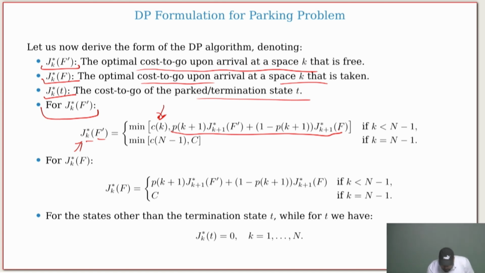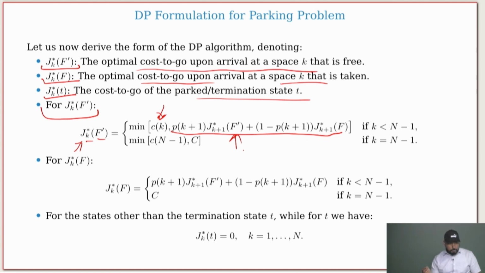Now why did we write it like this? The current parking cost is Ck, that's clear by definition. But what is this estimated cost? As you can see, this cost is more like an expected cost at K plus 1 onwards.